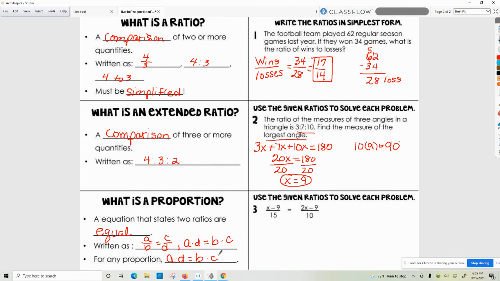So when I get ready to be able to solve this, when I cross multiply over here, notice how I've got two terms in the top. So when I cross multiply with my 10, I've got to multiply the x and the 9 by that 10.